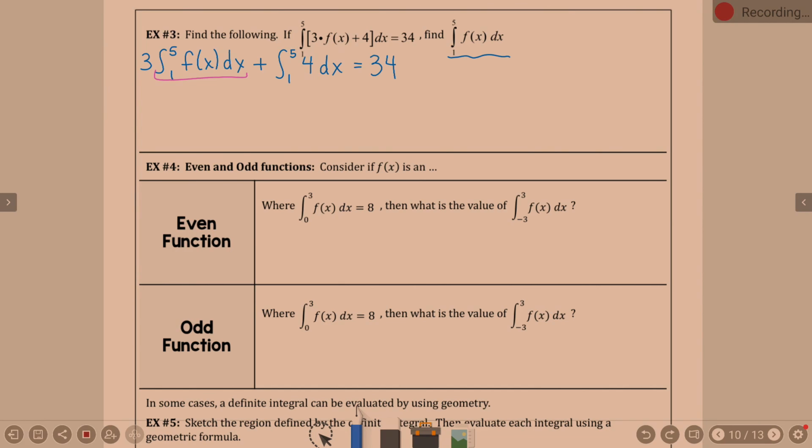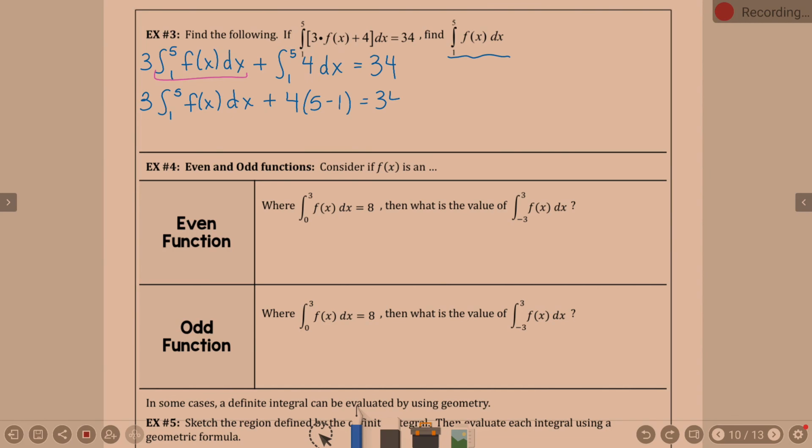I don't care which way we do this, but what do you know about the integral from 1 to 5 of 4? 4 times 5 minus 1. So I'm going to keep this as 3 times the integral from 1 to 5 of f of x dx plus, since this has no variables, I'm going to change it to just constants. It's 4 times upper minus lower.